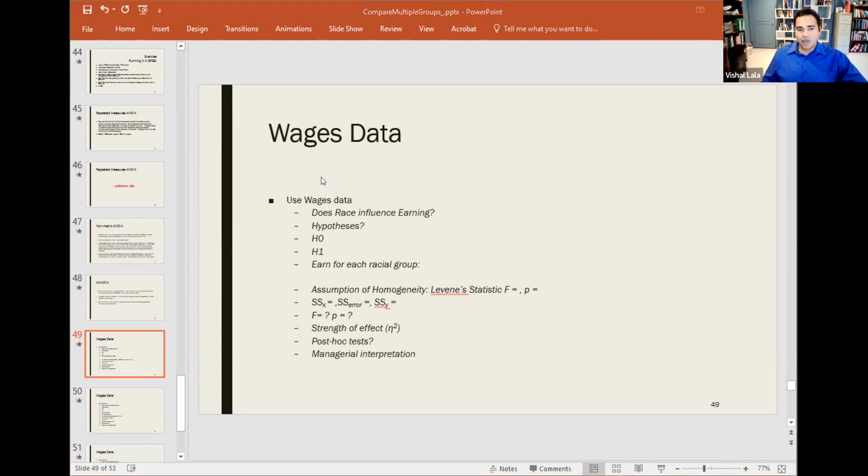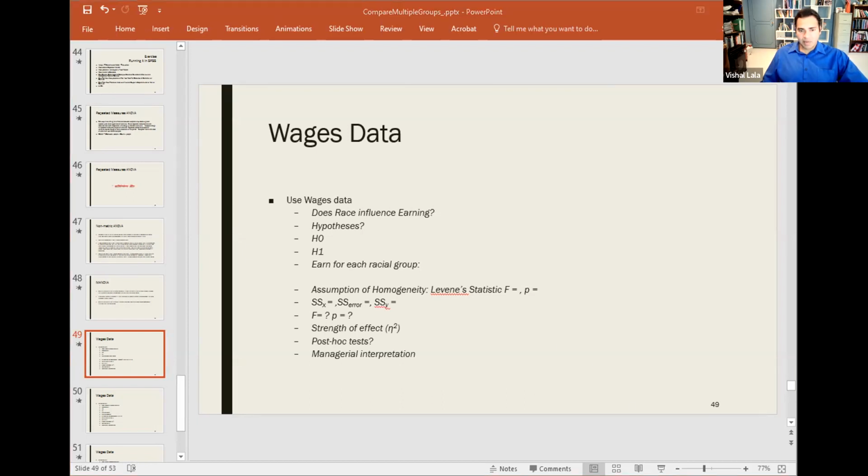In this example, we're going to work with the wages data. This data set on wages that I'm going to show you includes some information on people's demographics and how much money they earn.